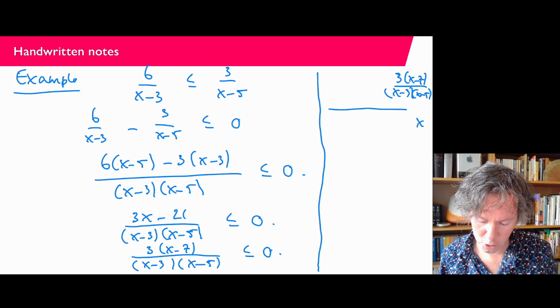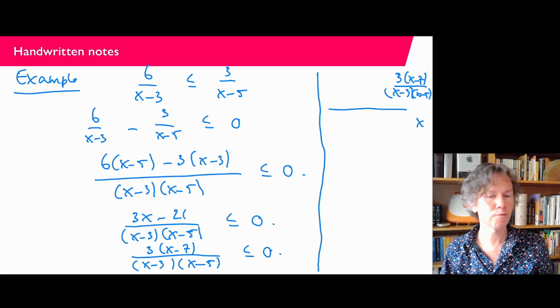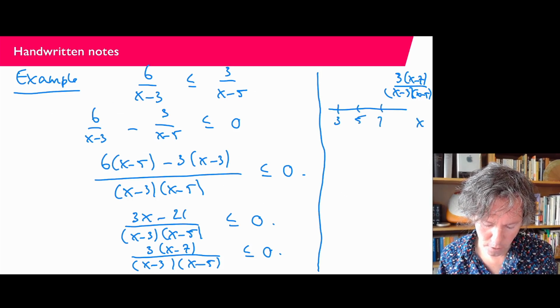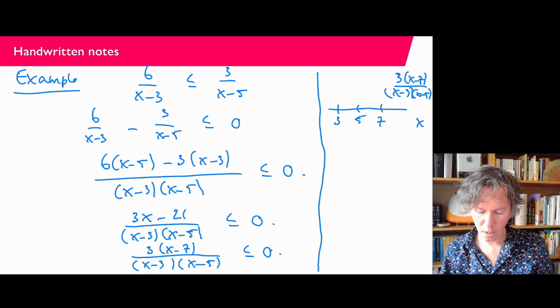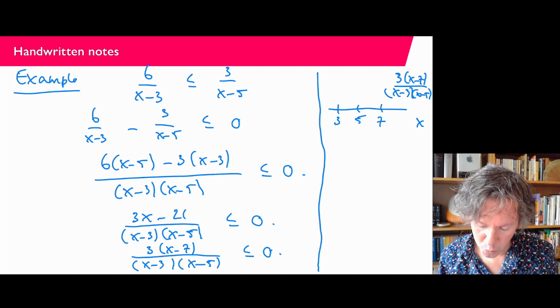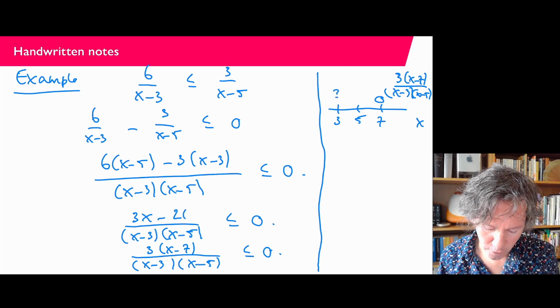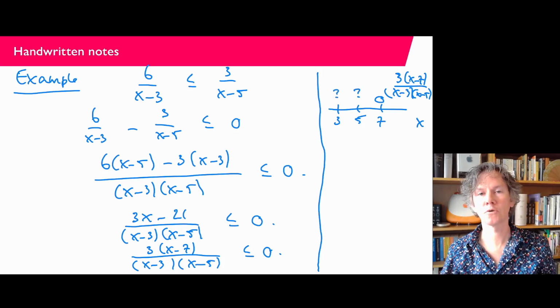Below I put x. I now have 3 special values. I have 3, 5, and 7. For 7, I know the expression is going to be 0. For 3 and 5, I have division by 0, so it's undefined, and I put question marks.